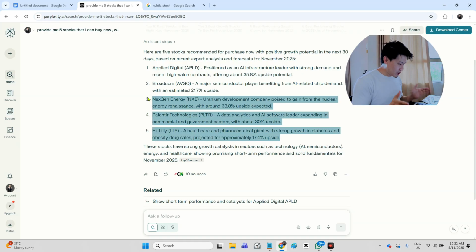So this is in short how Perplexity Finance works. It's very interesting to see how AI is able to help investors to invest nowadays.